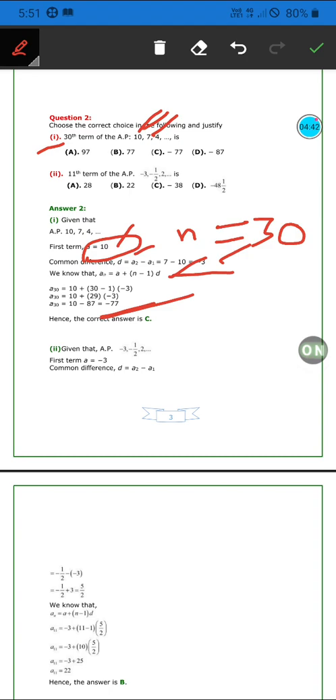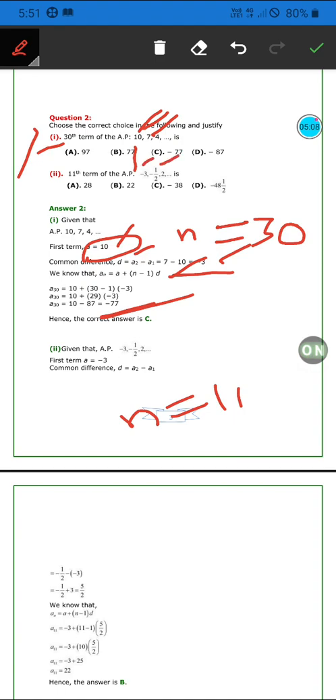In the second question, the 11th term means n is equal to 11. The first term here is minus 3. What is d? d means a2 minus a1. a2 is minus 1 by 2 and a1 is minus 3.